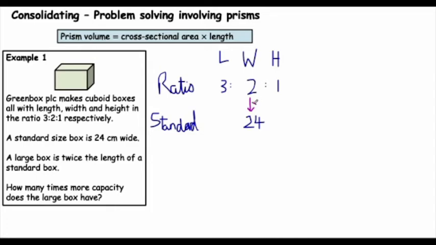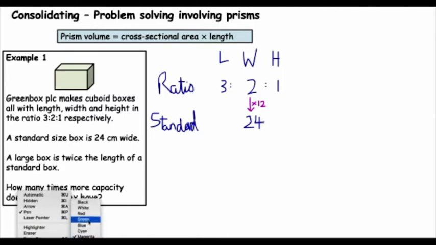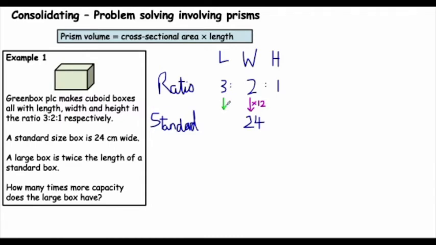So if you times 2 by 12, you get the standard box's width, which means, because the dimensions of the standard box are the same as the ratio, if we multiply these two dimensions by 12, we will get the measurements of the standard box. So we've got 36 and we've got 12.